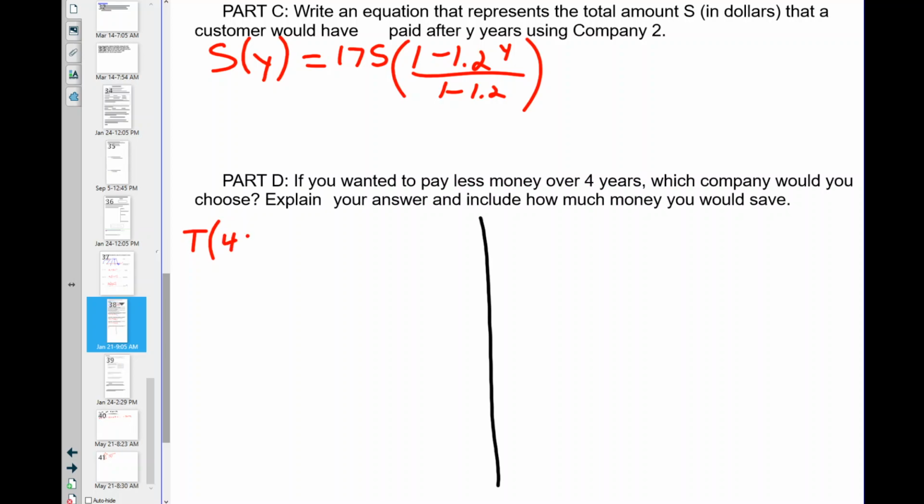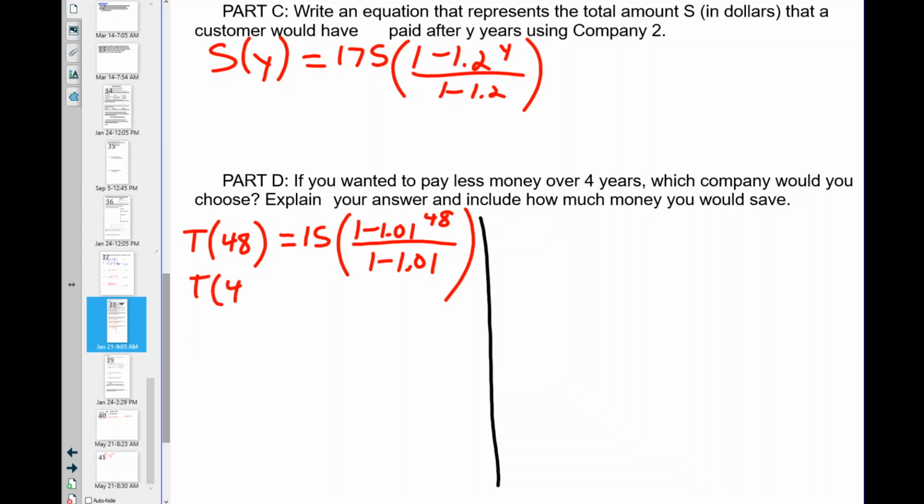48. So the total over 48 would be the $15 initial month, and then we're going up. It said 1% every month? So 15 times 1 minus 1.01 to the power of 48 over 1 minus 1.01. If you want to use the calculator, you can. This one's a little bit easier to simplify, because I could do 15, and then 1 minus 1.01 to the 48 over, this becomes negative 0.01.